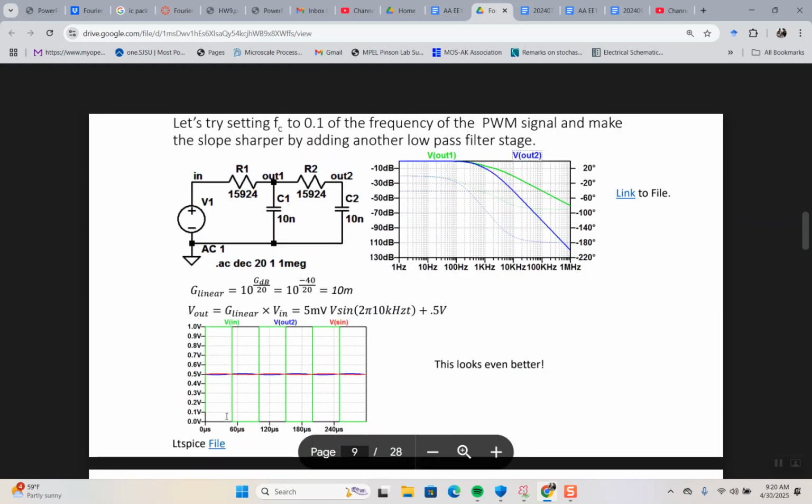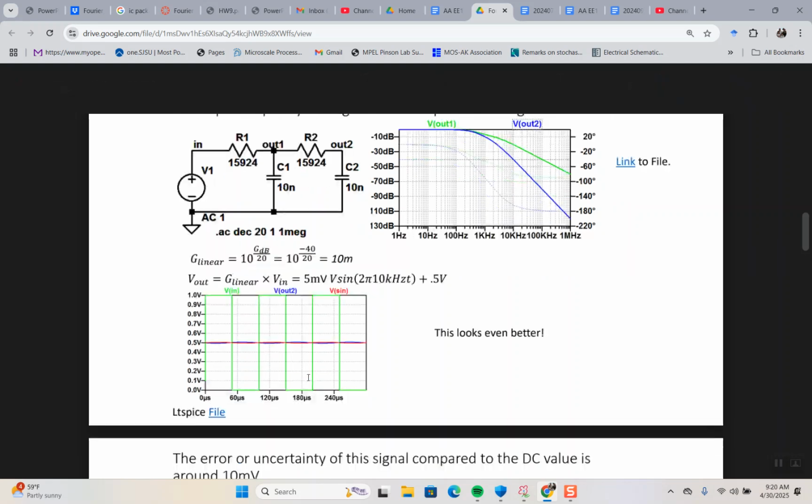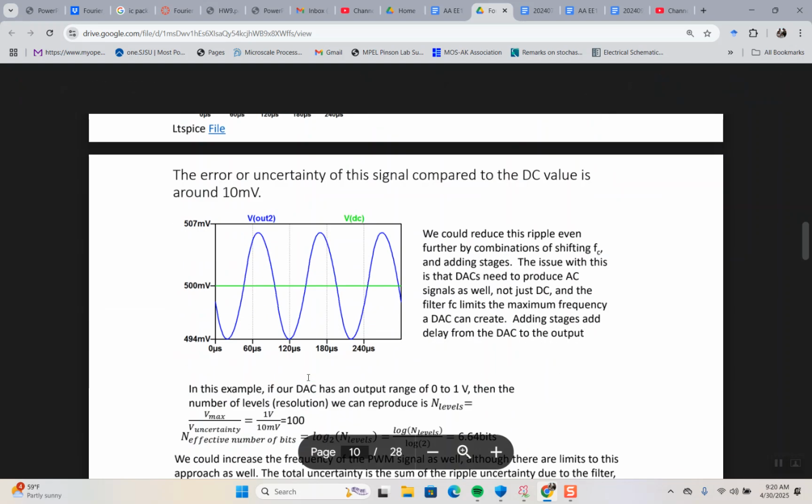Then I try a second order, but this is very close to being overdamped, all right? But you can at least see that the slope is sharper, and you can see that the ripple is smaller. So I can get more levels, I can get more effective bits. All right.